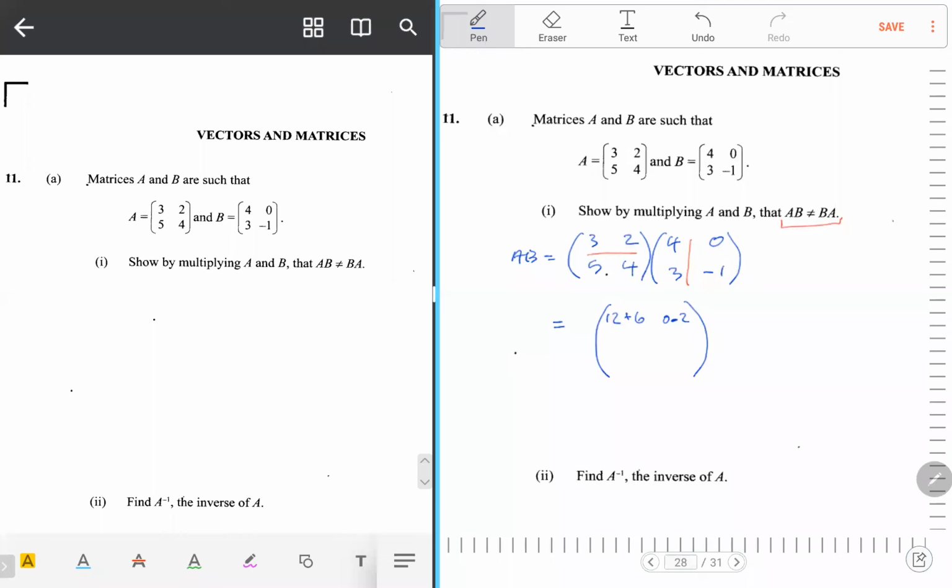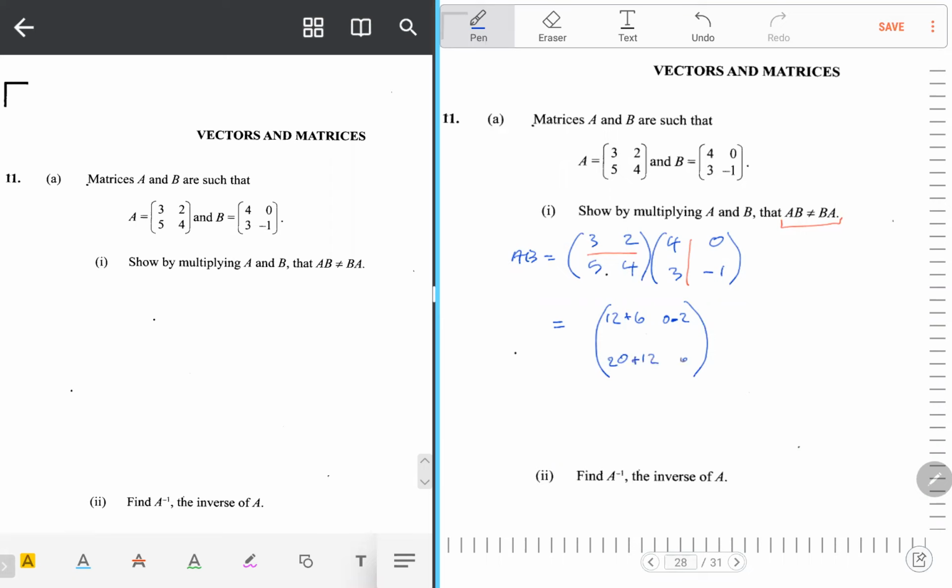This element is in the second row, first column, so we use the second row with the first column. It's 5 times 4 is 20, and 4 times 3 is 12.